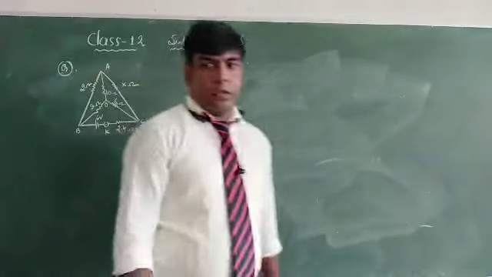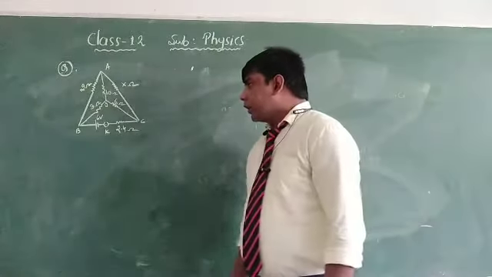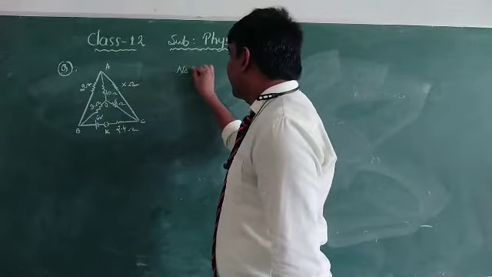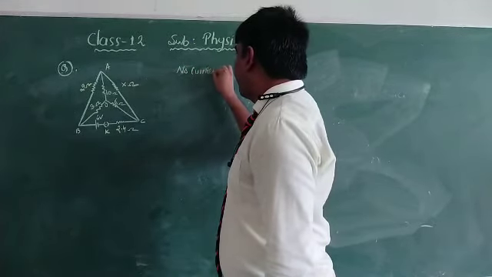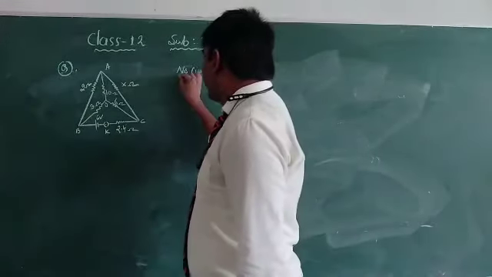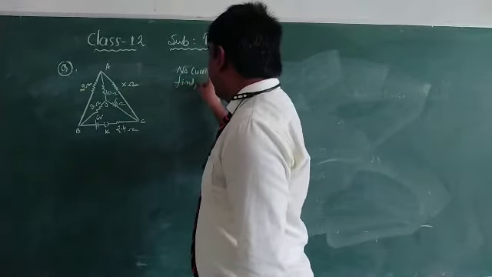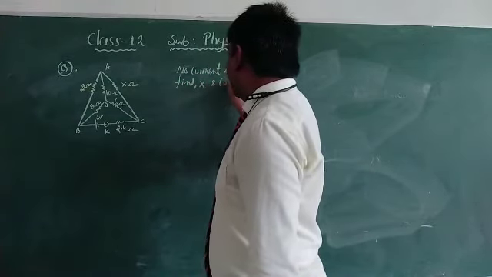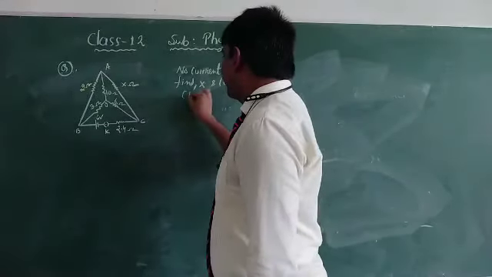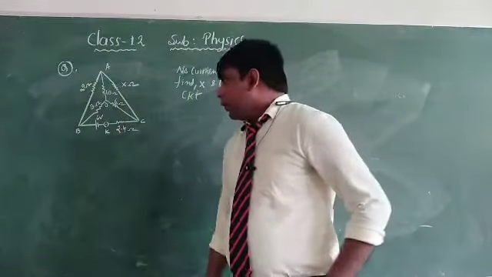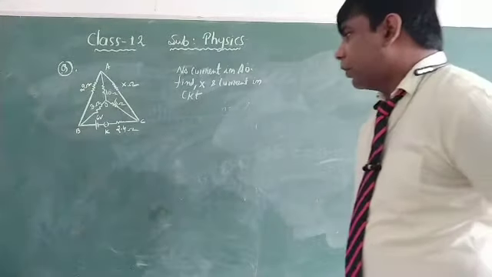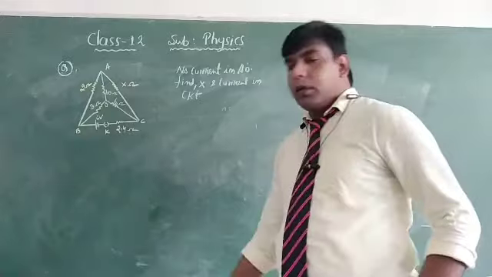Yes, the next question is, they have given a circuit and the condition is that they have given different resistances connected to a 6 volt battery with a series resistance of 2.4.